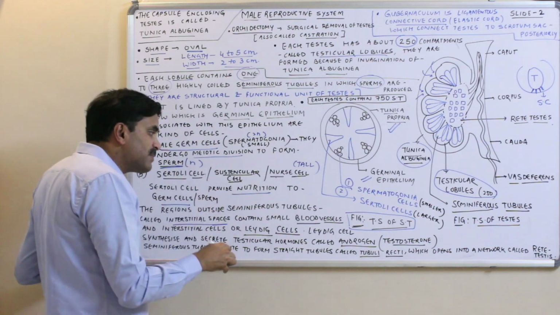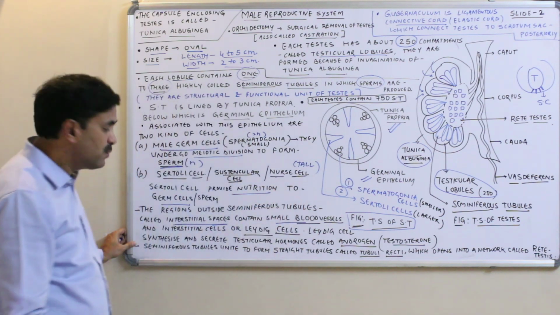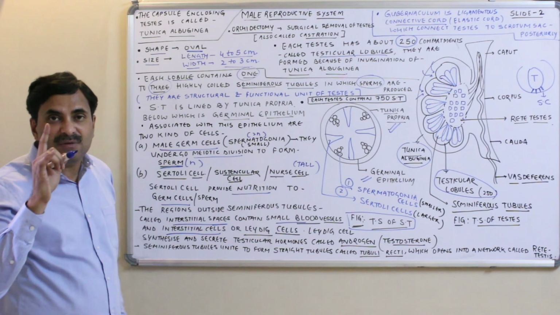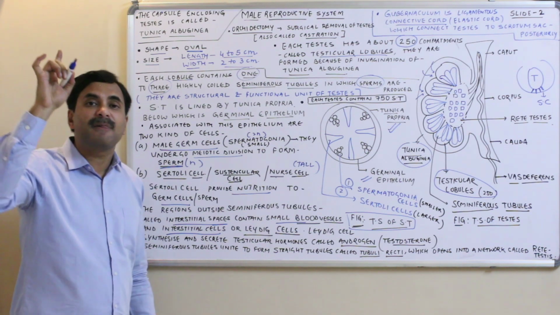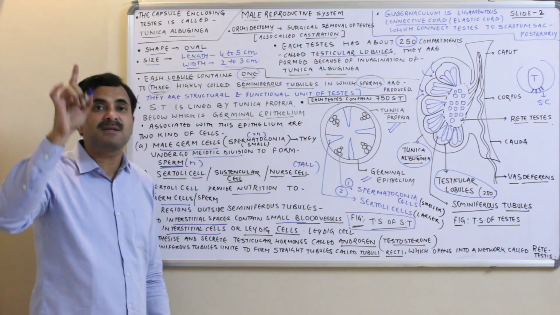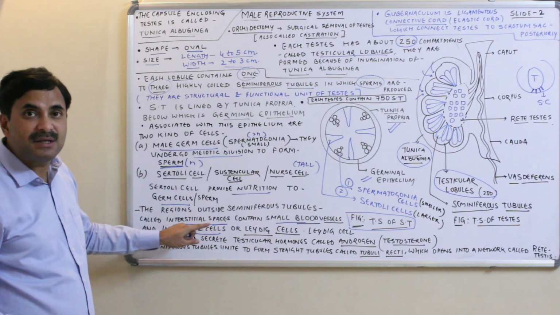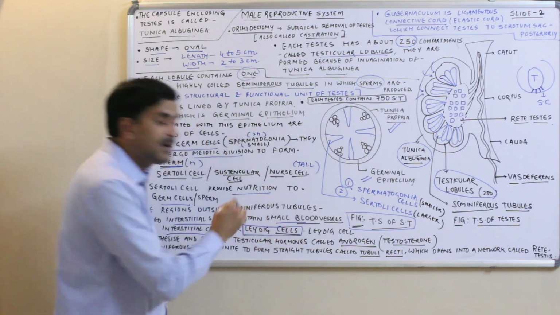In this interstitial space, several small blood vessels as well as interstitial cells are found. So in between the seminiferous tubules, interstitial space is present, and in it small blood vessels as well as interstitial cells are found.